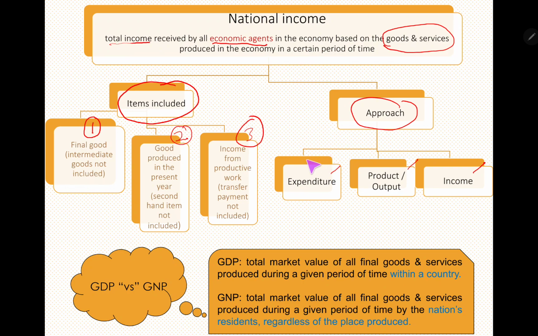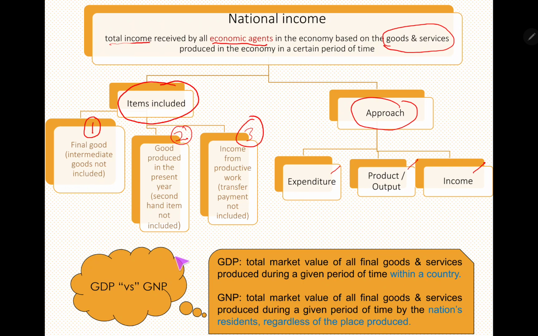Either you spend the money to buy goods, or the value of the good itself, or the income that the person received, all represent the national income, and the formula will also be different.